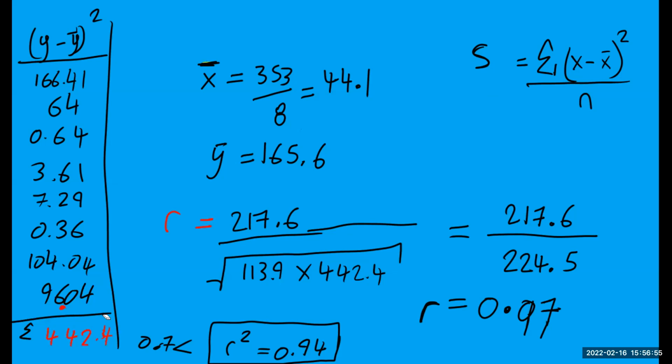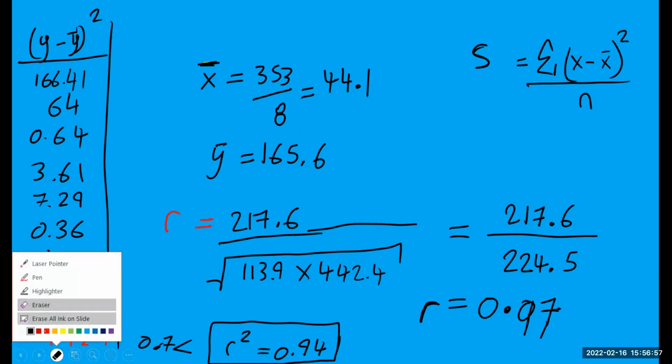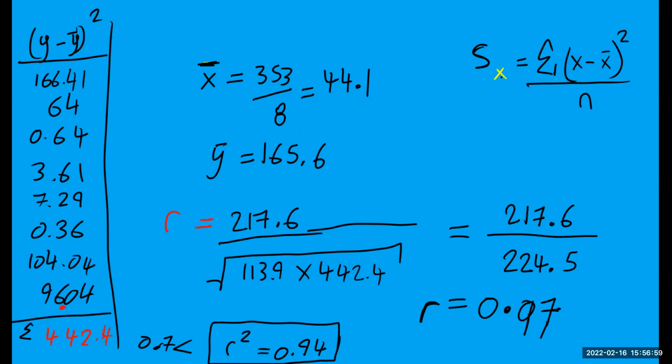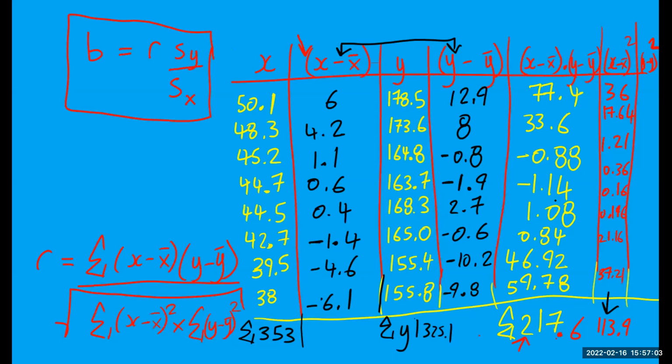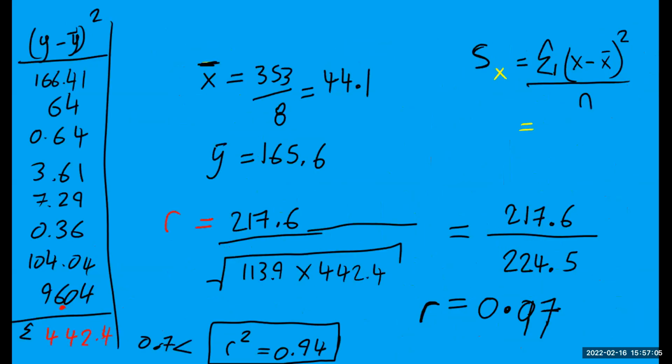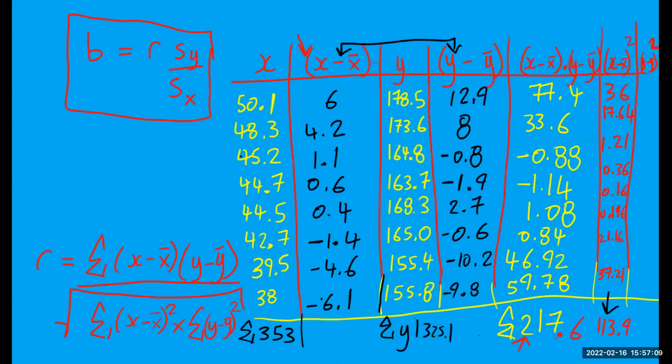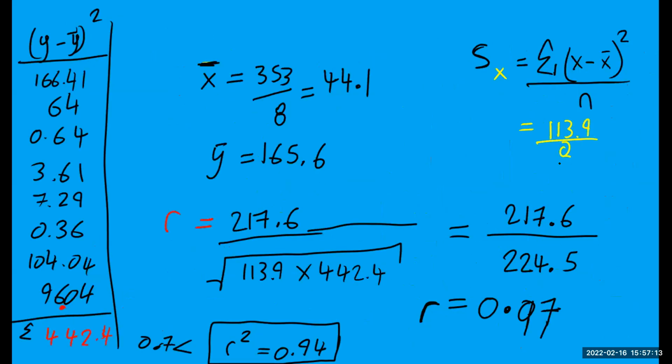But the thing about this table is, once you find the R value, standard deviation is easy. Because you just go back, the sum of X minus bar X squared is right here, 113.9 divided by N. N is 1, 2, 3, 4, 5, 6, 7, 8. You do that, 113.9 divided by 8, you're going to get 14.2.